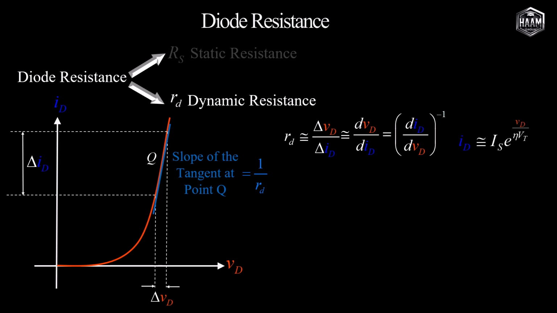We compute the derivative of I sub D with respect to V sub D and then invert it. This yields this fraction.